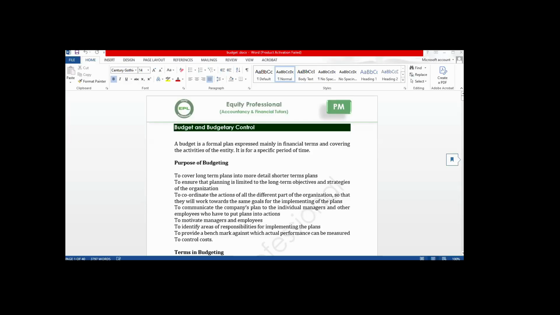All right, our class tonight is on budget. We shall be looking at how to prepare budget. The budget to be prepared depends on the nature of the company's business.